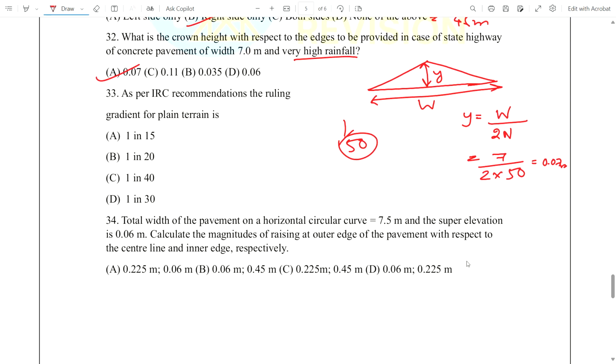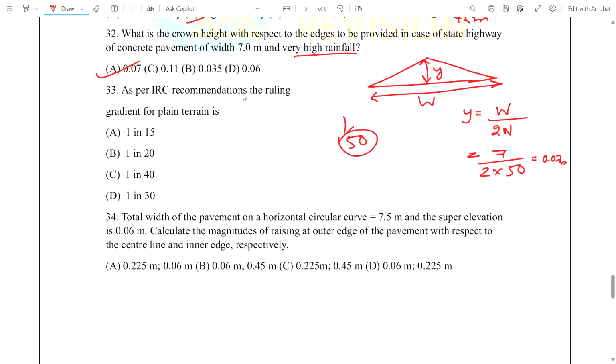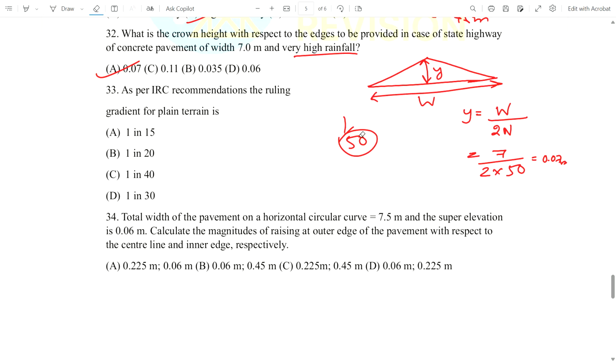Now question number 33. As per IRC recommendation, what is the ruling gradient for plain terrain? How much for ruling gradient? You just remember one table, I will give it here. For ruling gradient they ask, so I will give a table.